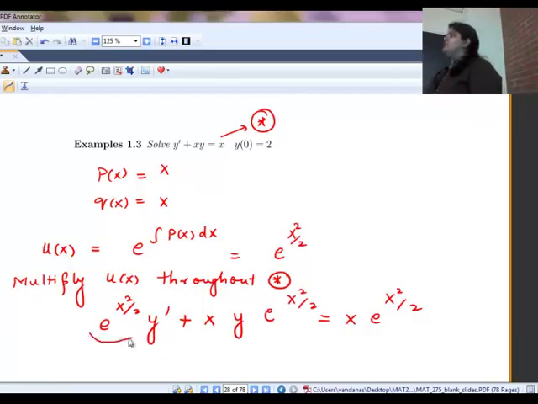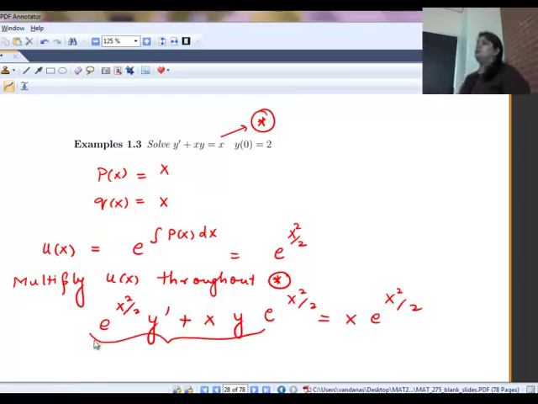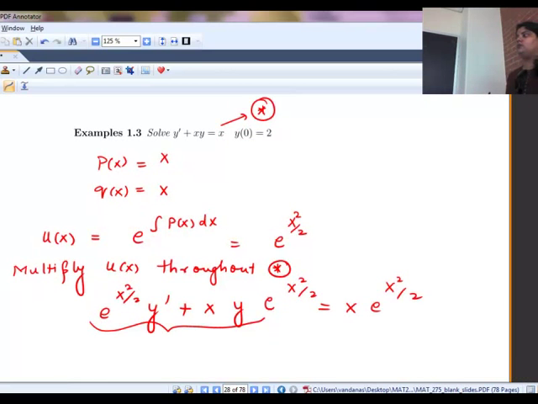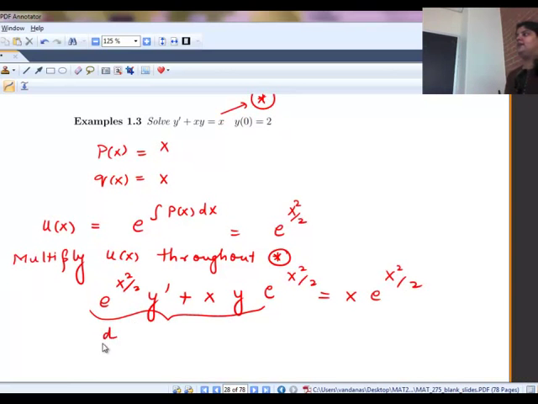What is this left hand side two terms? d by dx of what? d by dx of y times e to the power x square over 2.